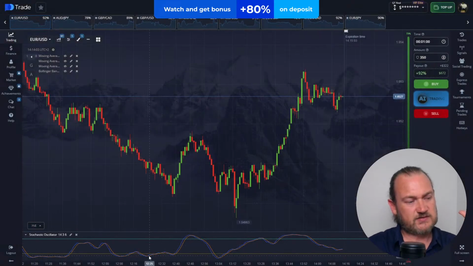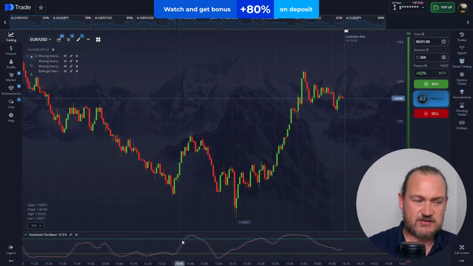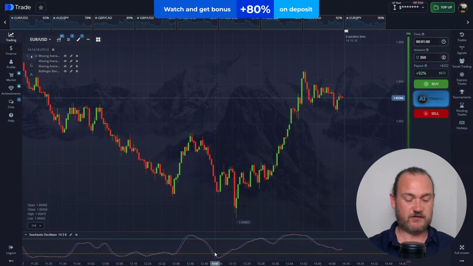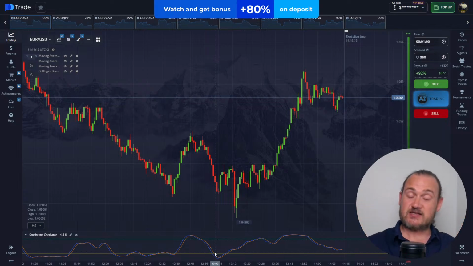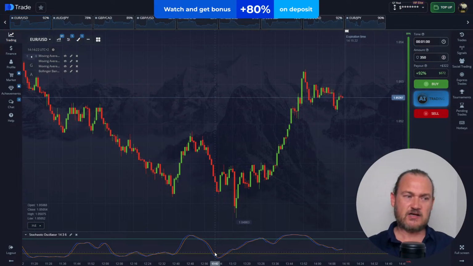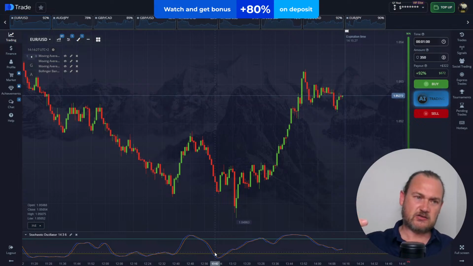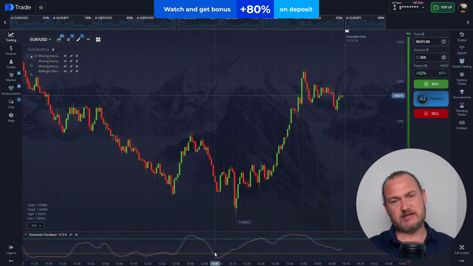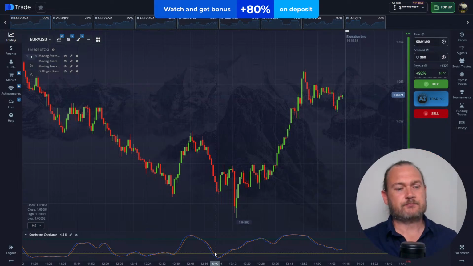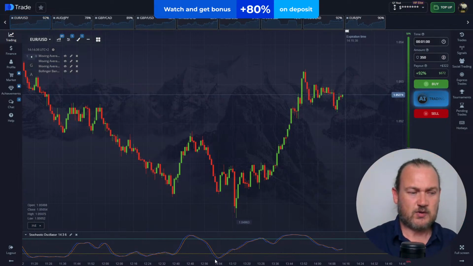Often, the stochastic is used to trade the crosses of the K and D lines, meaning if your stochastic shows that the asset is oversold, when your K line crosses your D line, that will signal a buy entry, and if it's overbought and your K line crosses back down, that will indicate a sell entry. So this is another popular way that it's being used.